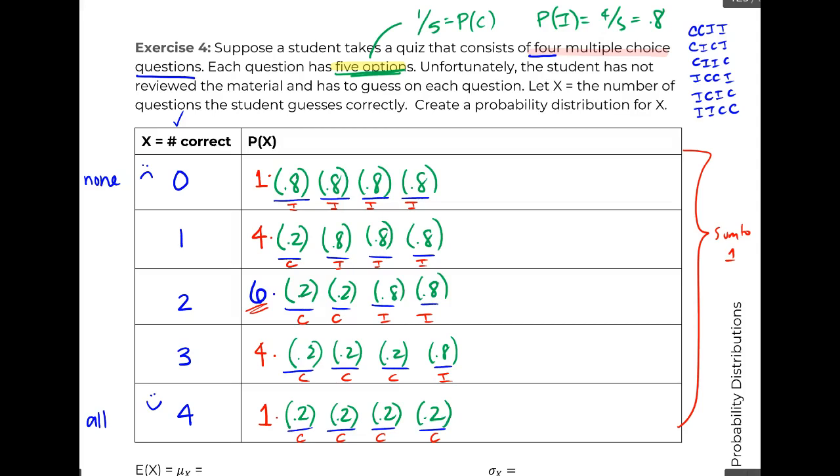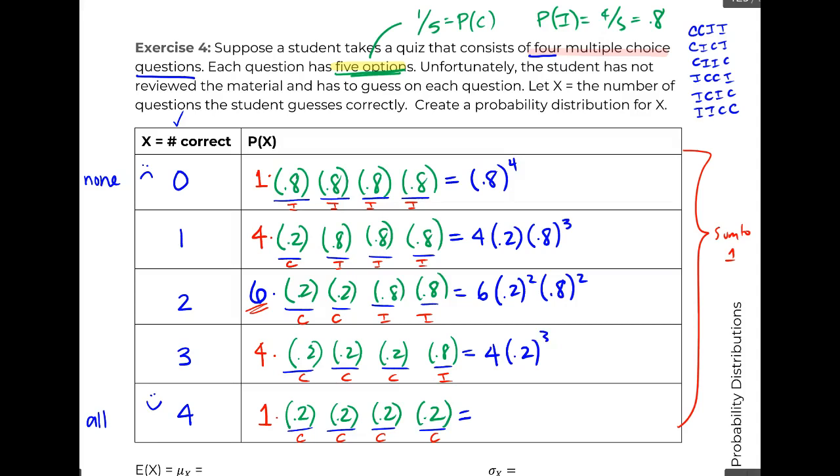And I'm just going to go ahead and rewrite these all so we can start looking at this pattern that happens. So the first one is just going to be 0.8 to the 4th power. The next one is 4 times 0.2 times 0.8 to the 3rd power.